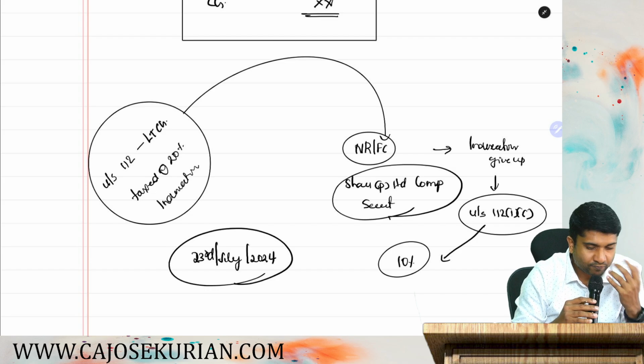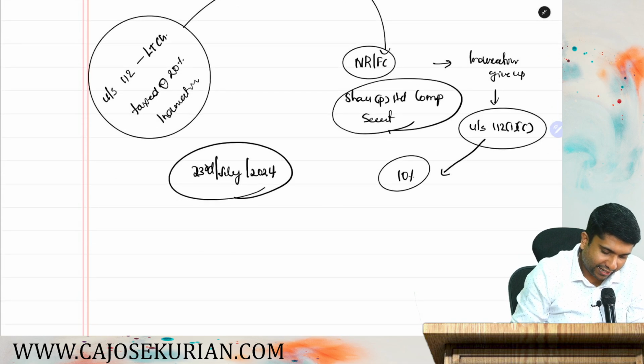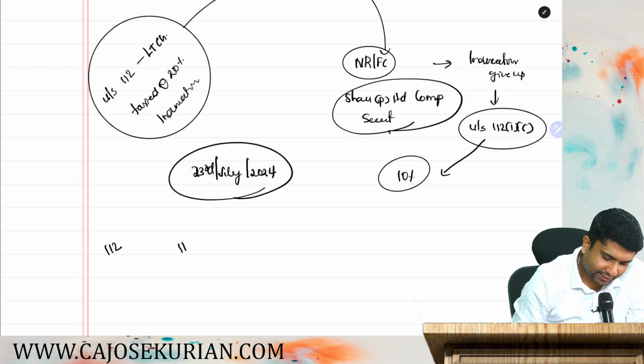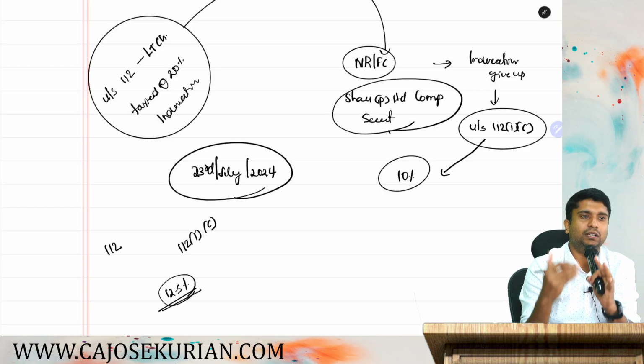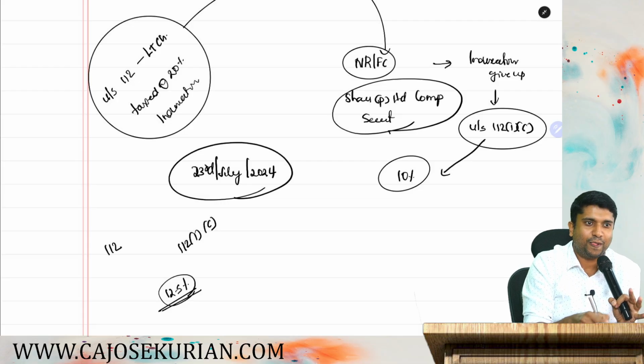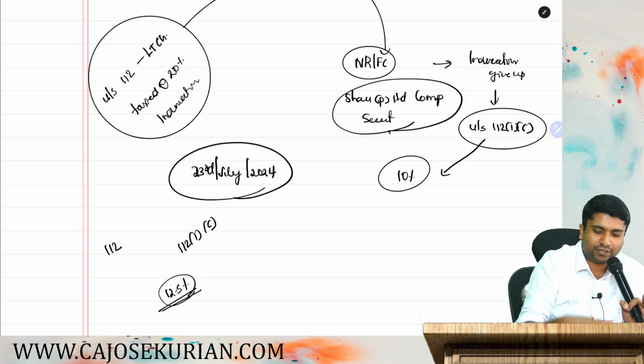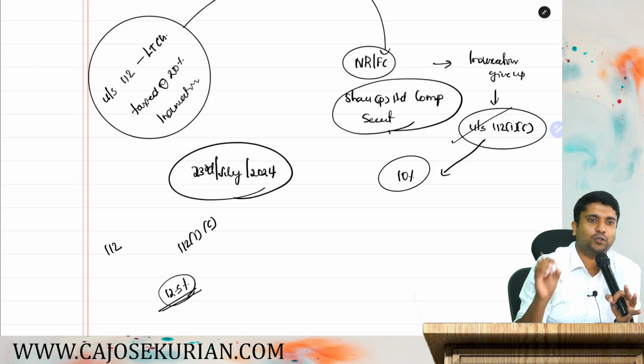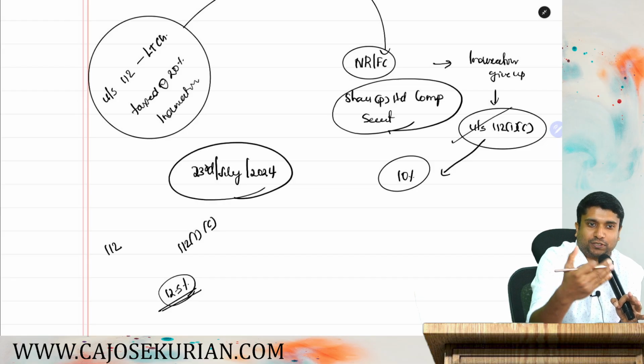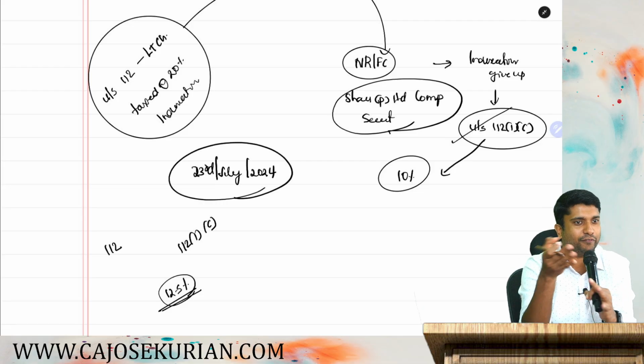Are you with me? So non-residents, whether it is 112 subsection 1 clause C, the rate of tax is 12.5%. That too without indexation. That's what I told you. From 23rd July 2024, this 112 subsection 1 clause C does not have much of a purpose to serve. Anyways, the rate is 12.5%.